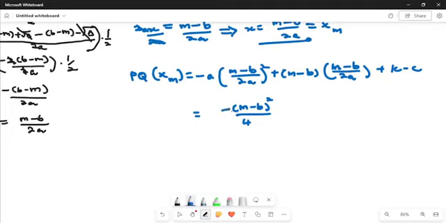So we've got a negative there, and then we have just 1a. And then we've got like terms, so I'll just write that as a power of 2. So m minus b all squared divided by 2a. And then we have k minus c. Yeah, I can further simplify this by multiplying everything by the highest common factor.